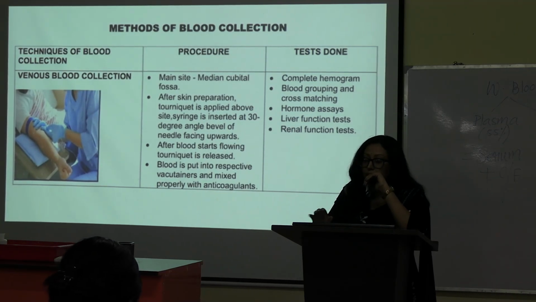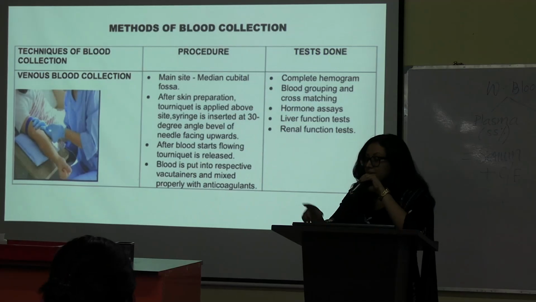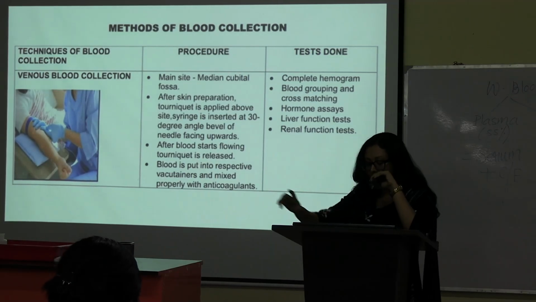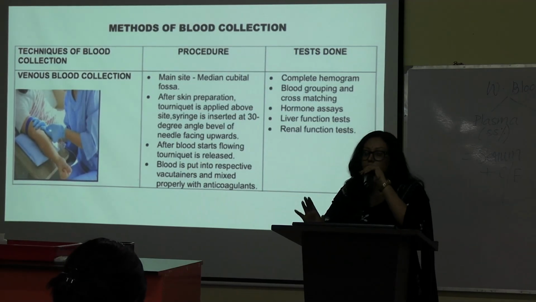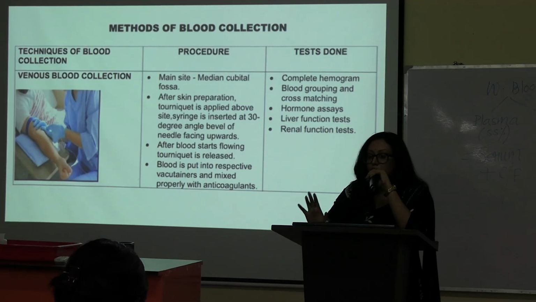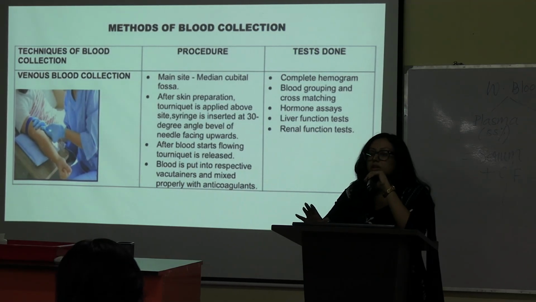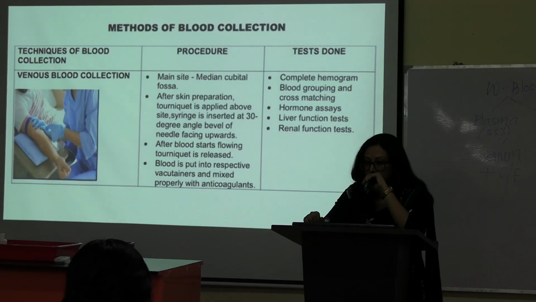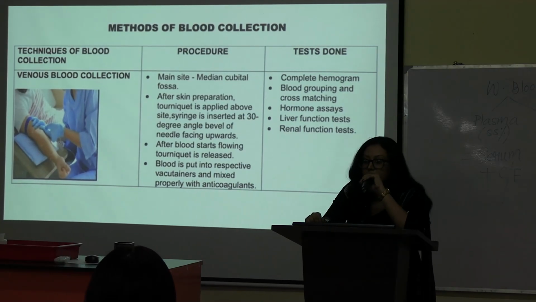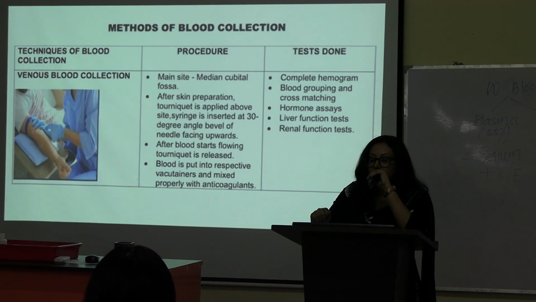Alright, then you will assemble all the equipment which is needed. You can see it is kept over here. Then you will wash your hands properly for 2 minutes, maintaining appropriate sterility. After that, you will wear gloves. Okay, now after that, you will apply the tourniquet.